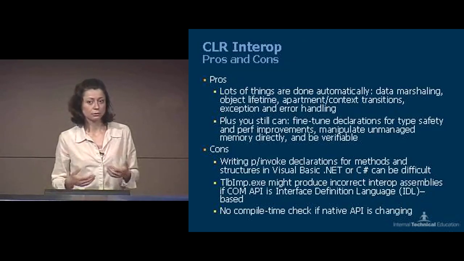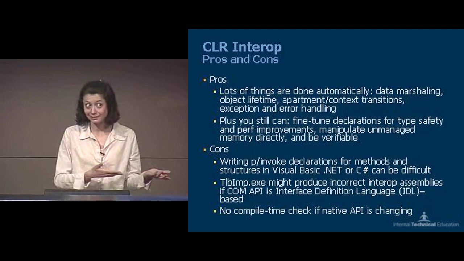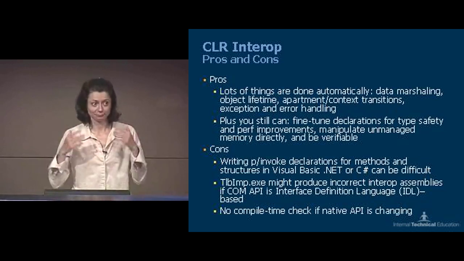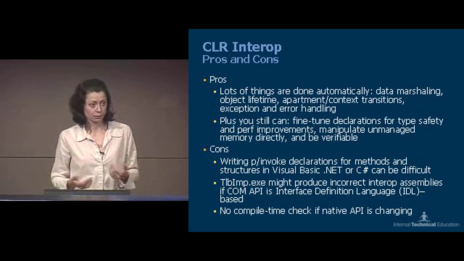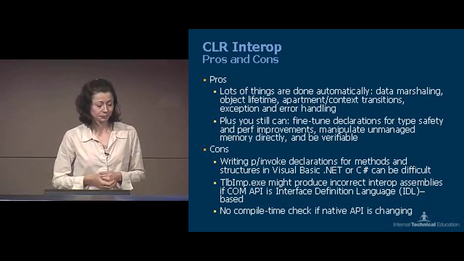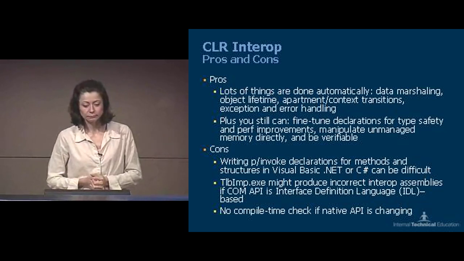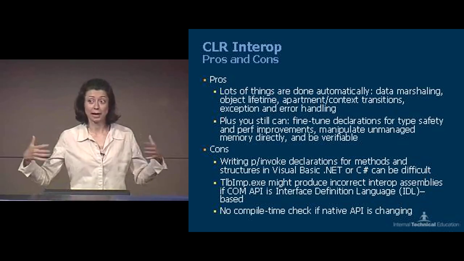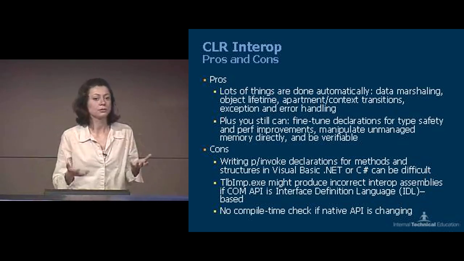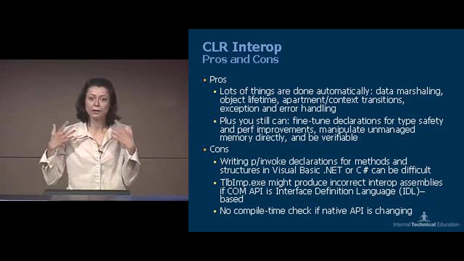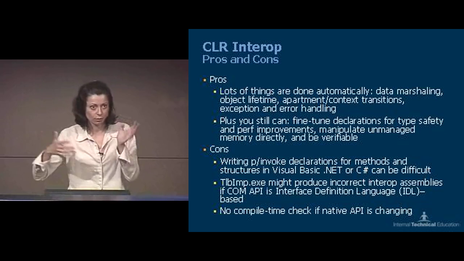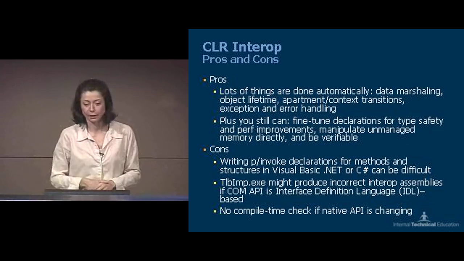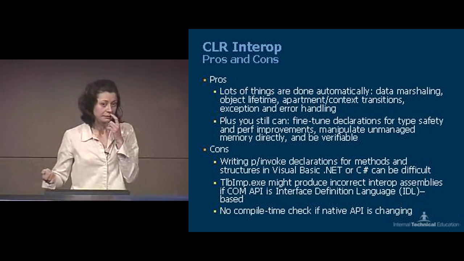So in order to make this decision, you have to know the pros and cons of each one of those. The pro for using CLR interop in this direction is, again, there's lots of magic happening. There are lots of things you get for free. CLR interop is a really thick layer, so it hides a whole bunch of things for you, like data marshalling, for example.